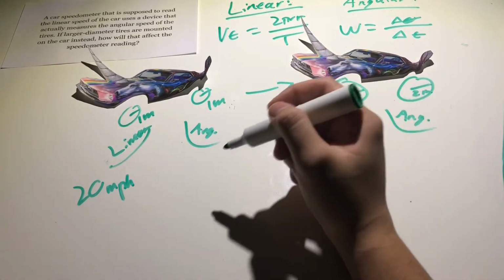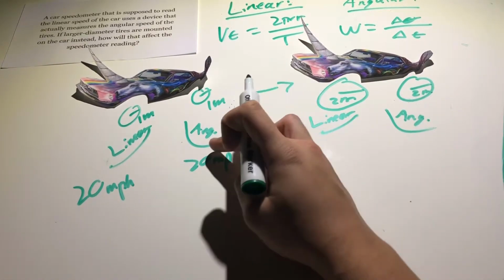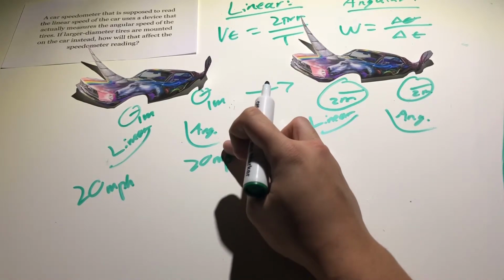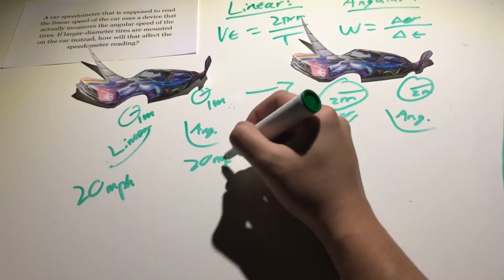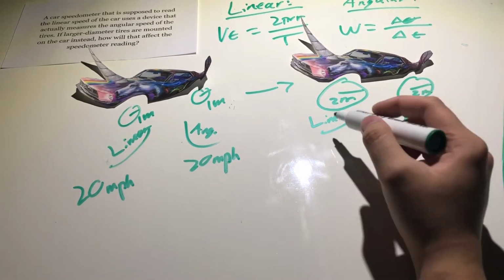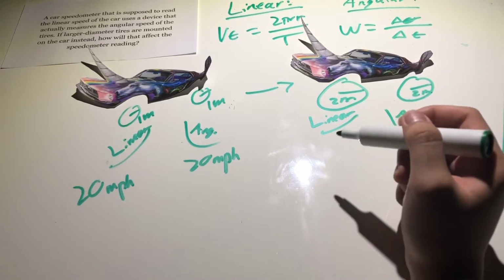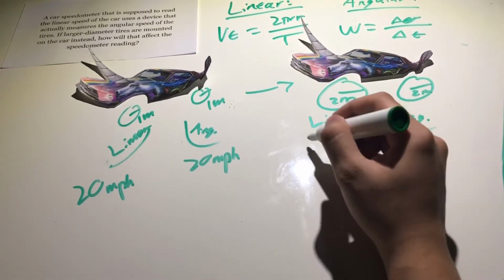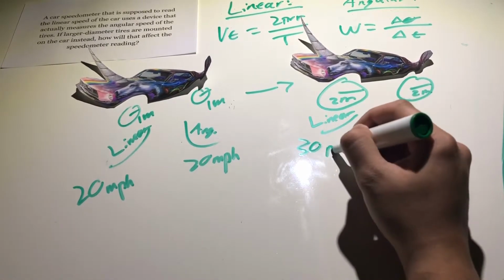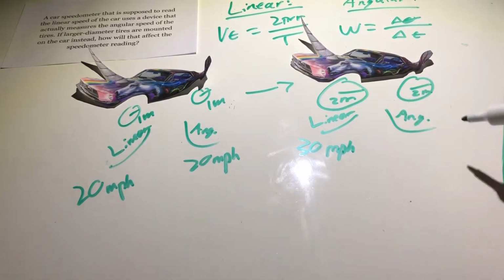And our angular speed would also be 20 miles per hour, or radians per hour, but we could just use miles per hour for now. Linear speed here, with the increased radius, will also increase to, we'll just assume, 30 miles per hour. It'll be a given ratio.